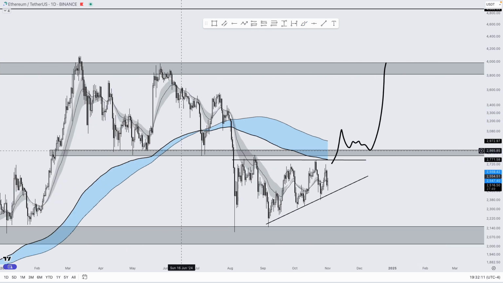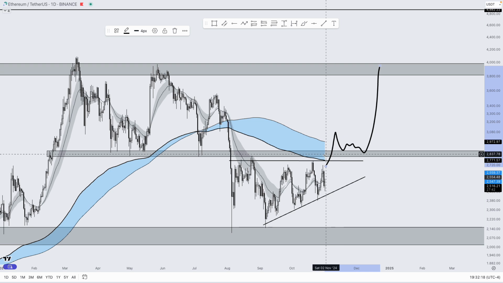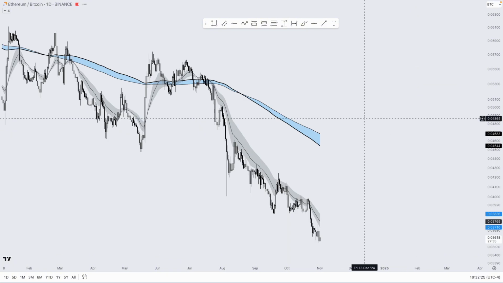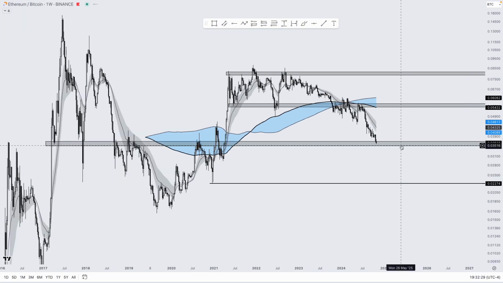This $2,800 level is really the key area to flip. So anything below this, not too interesting, to be honest, for me. But if we do get a flip of this level into support, that's when I'll get interested in a move up to about $4,000.